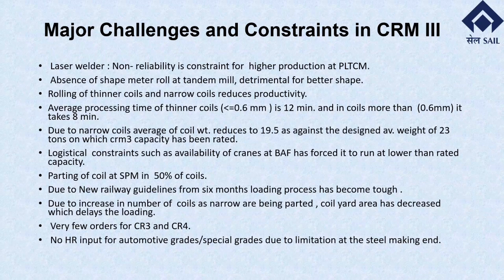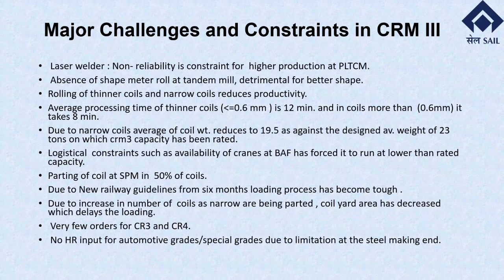For a coil of 0.6 mm and below, the average processing time at PLTCM is around 12 minutes, and for coils more than 0.6 mm, it takes only 8 minutes. So you can see a 4-minute difference.